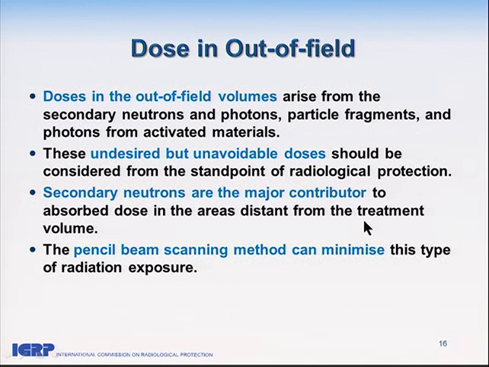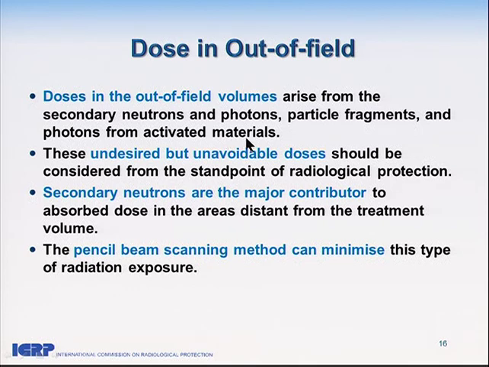There is a concern about the dose out of field. This is the most important part. Although we give a very high radiation to the tumors, we should consider out of field radiation. And dosage in the out of field volumes usually arises from the secondary neutrons, photons, particle fragments, and other things.